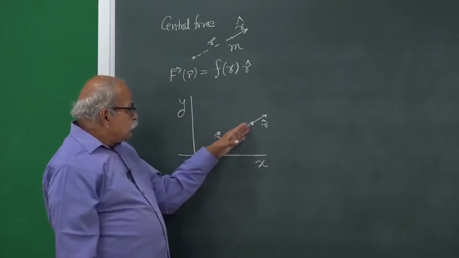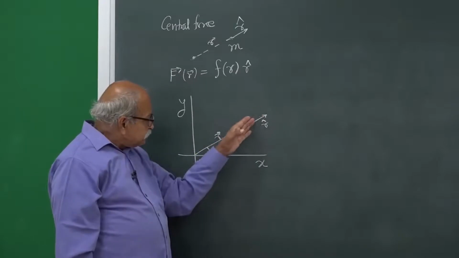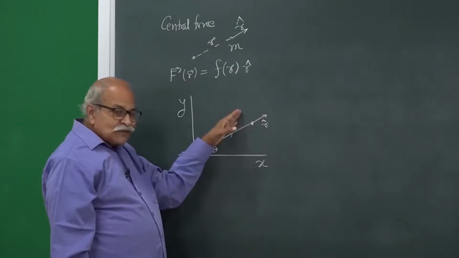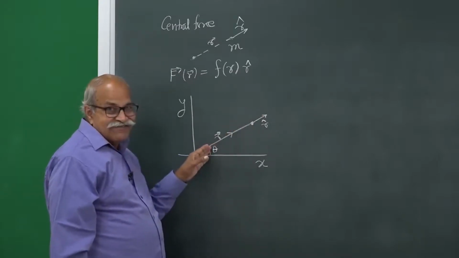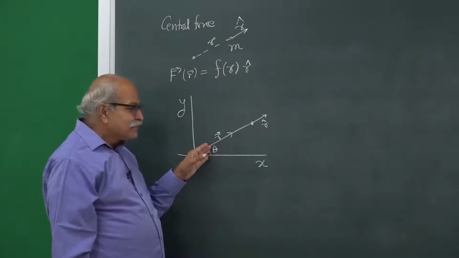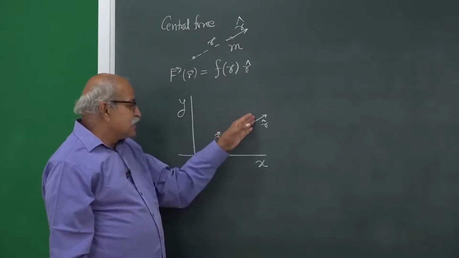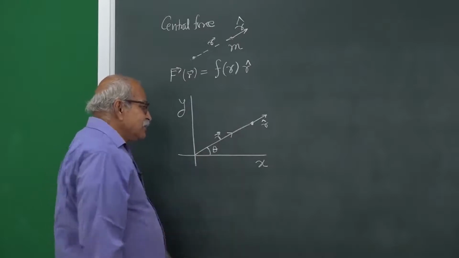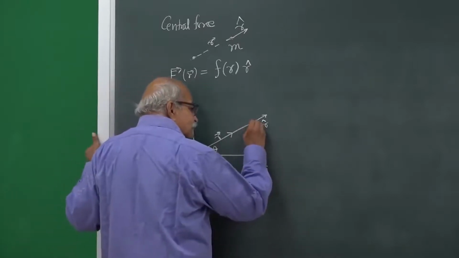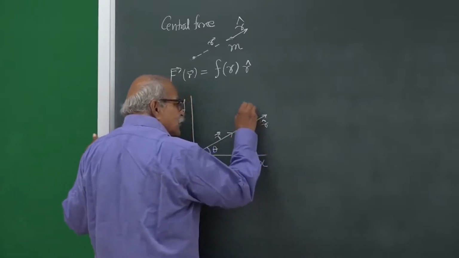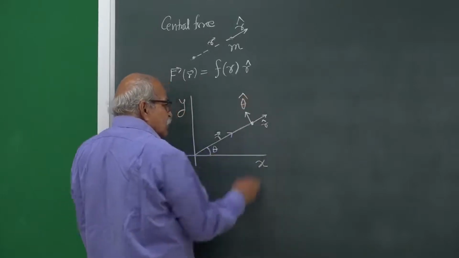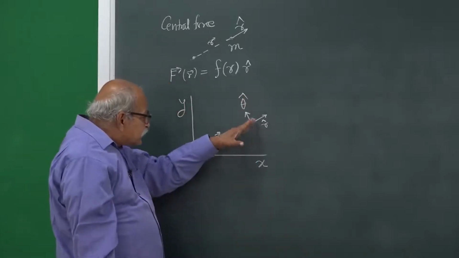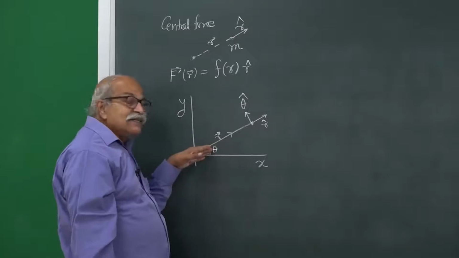And if you do not increase the distance, but turn it so that this theta increases, so in the direction in which r is not changing, but theta is increasing, that means perpendicular to this, this direction is known as theta cap direction. So, if I take the particle in this direction, this theta will increase.